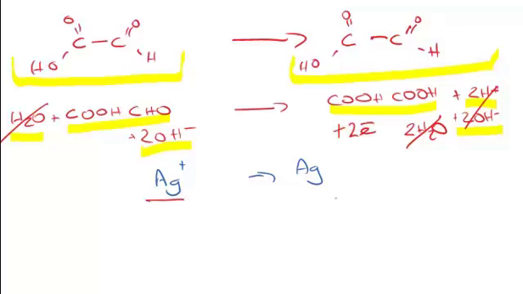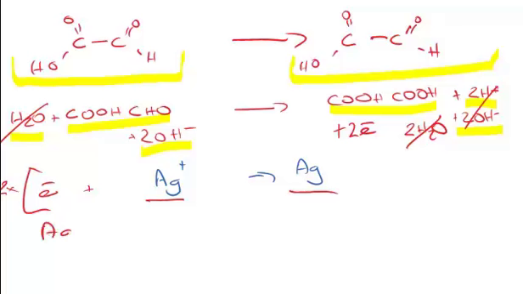Obviously with Tollens, the silver mirror test that we're talking about, we're going from a silver ion to solid silver, and that would be obviously plus an electron there, and because that's got 2, we've got to times that by 2, and then it would just be a matter of combining those two equations to get it together.